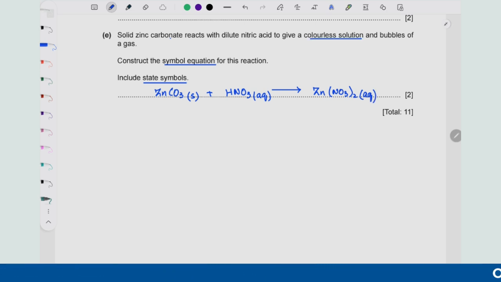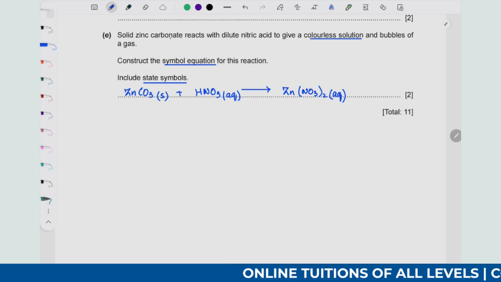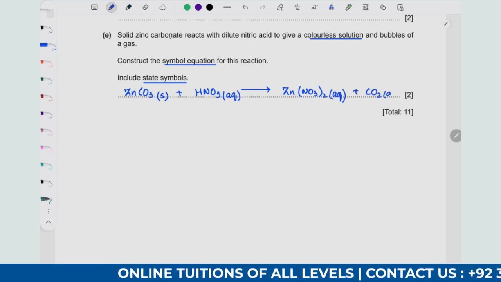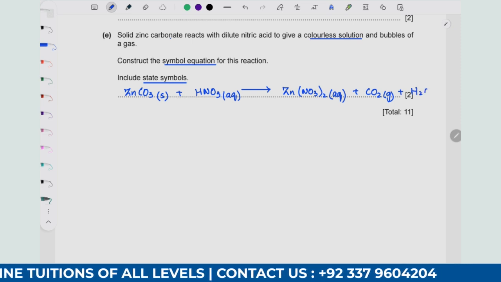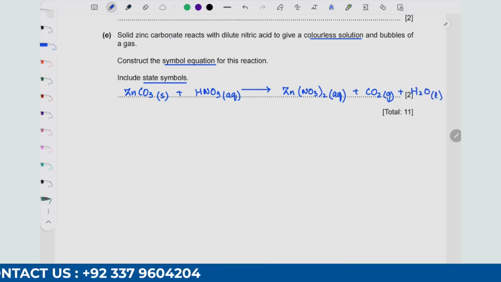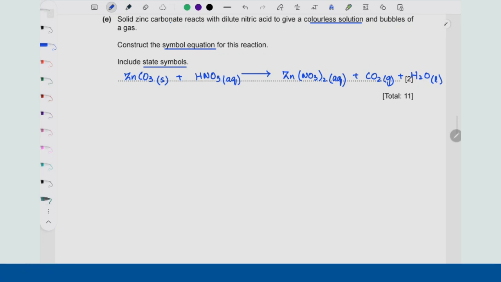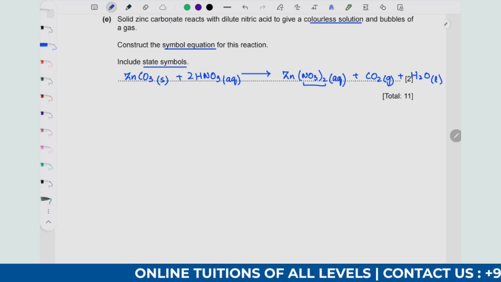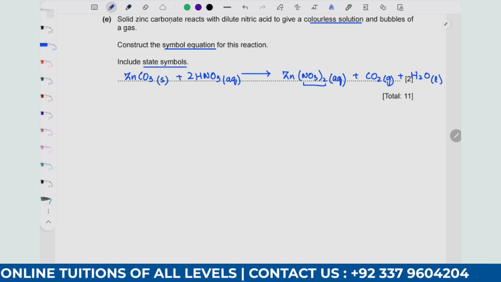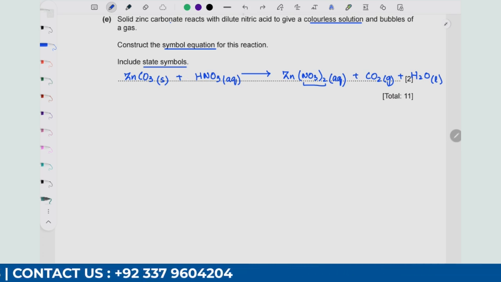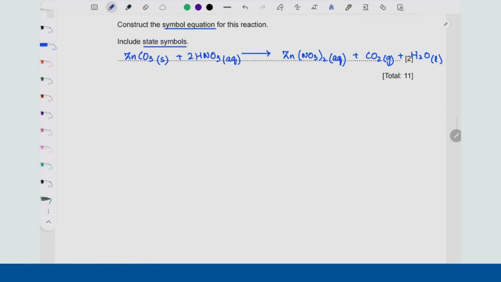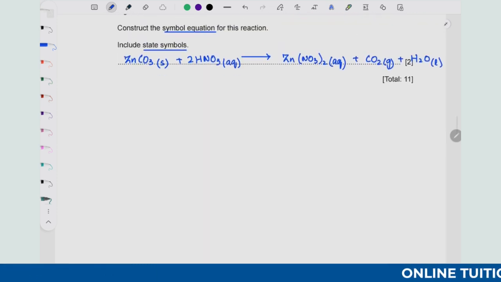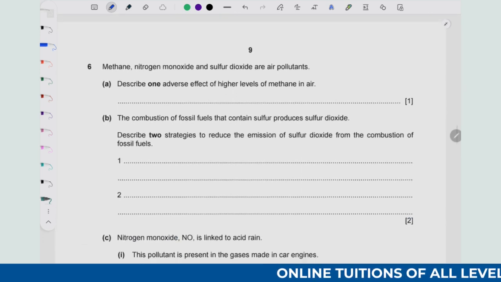The gas will be carbon dioxide, as well as water, which will be in liquid state. Now let's see if the equation is balanced. So there is 2 HNO3, so let's put 2 over here, and this makes our equation balanced. Yes.